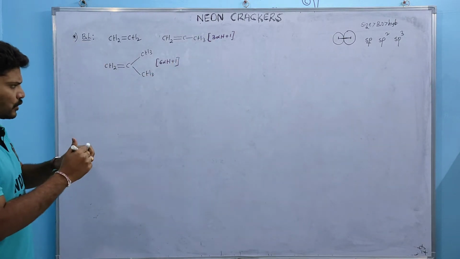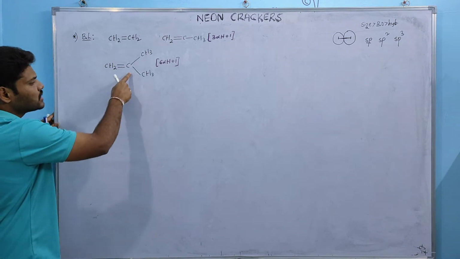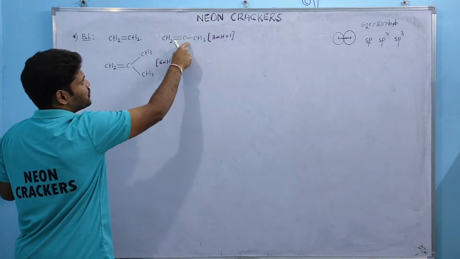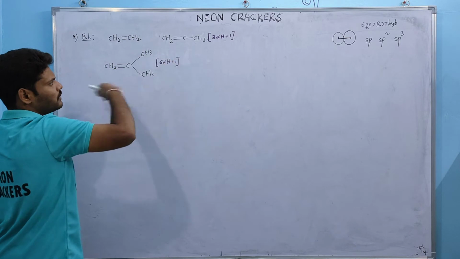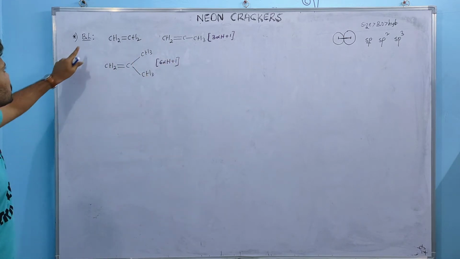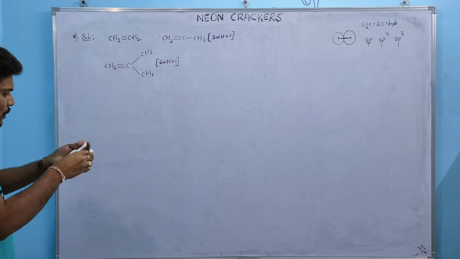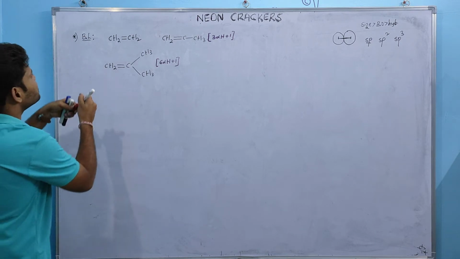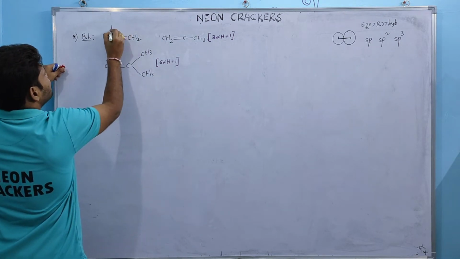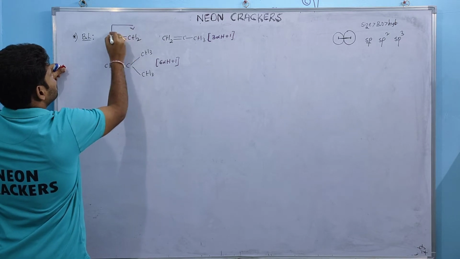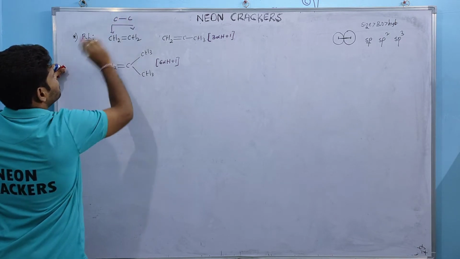According to hyperconjugation, this one is more stable than this one, which is more stable than this one, which we can find easily. Now, what is the application? Bond length. Which bond length? The bond length between C and C, this C=C double bond length.